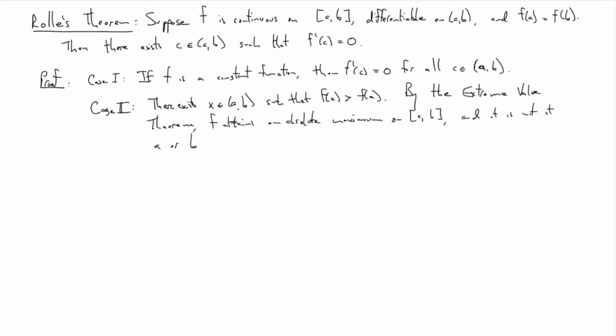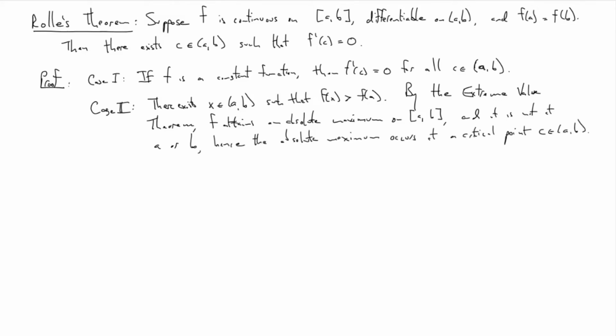Well, f is a continuous function on the closed interval from a to b, so by the extreme value theorem, f has to attain an absolute maximum on the closed interval from a to b. And it can't possibly be at a or b because we know there's this value x where the function is larger than it is at a and b.